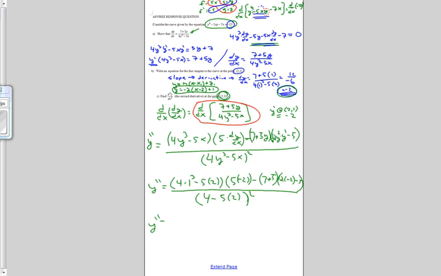Y double prime equals 4 minus 10 times -10 minus 12 times -29, all over -6 squared.